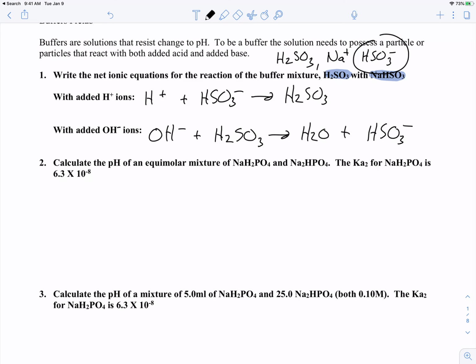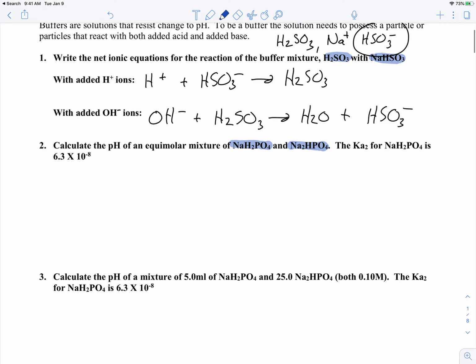So let's look at a different buffer system. In this case, we're going to look at the buffer system sodium dihydrogen phosphate and sodium monohydrogen phosphate. So let's take a look at it first.